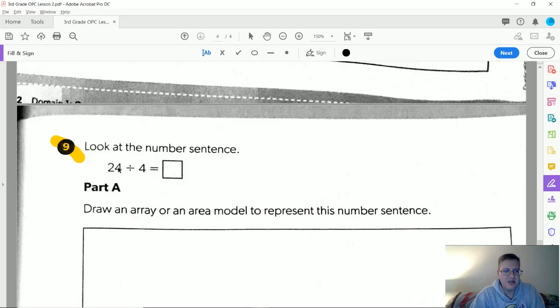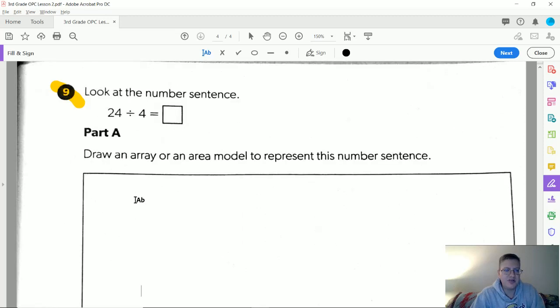And our last one, 24 divided by 4 equals blank. So they want us to draw an array or area model. I'm going to do an array. So I'm going to start by making 4 rows, and I'm going to keep adding an object to each row until I have used 24 counters.